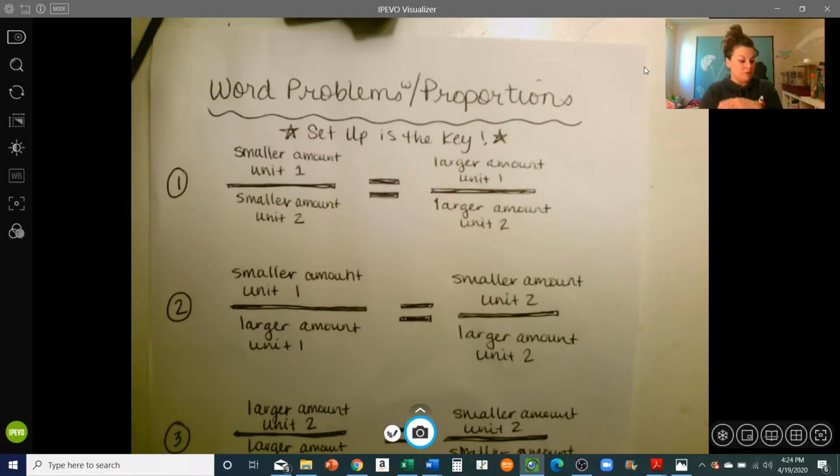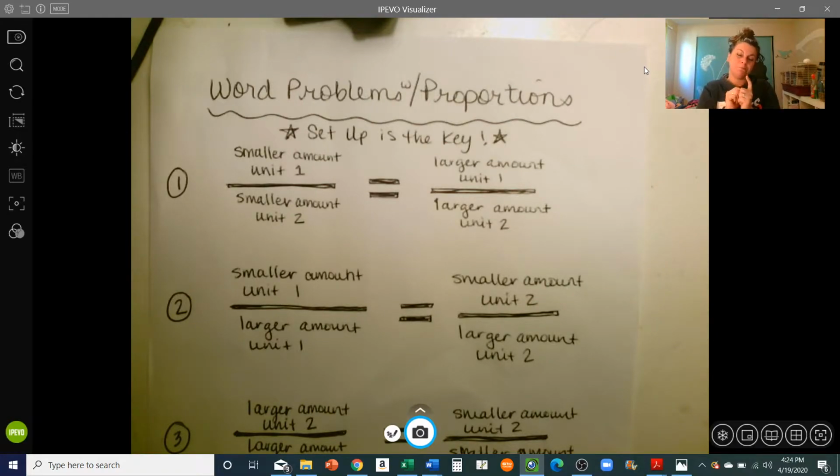The problem is as you get further along in math, and maybe even in some of these questions, I haven't read every single one on your assignment. I just know that they fit what we're doing. They aren't always going to give you the information in the exact same order, and you won't always be missing the same piece of information. So remember, with proportions, there are 4 places, and one of them is missing, and that's the one that you're solving for.